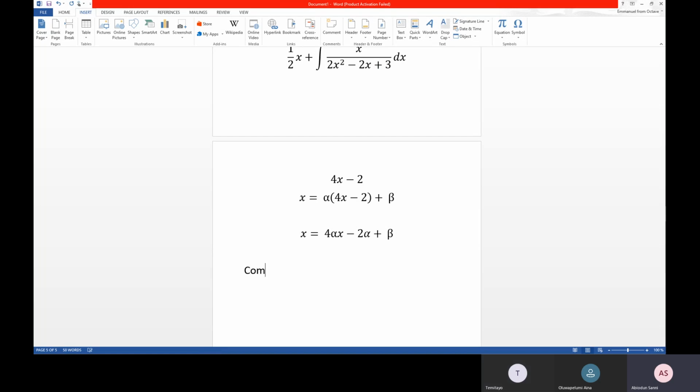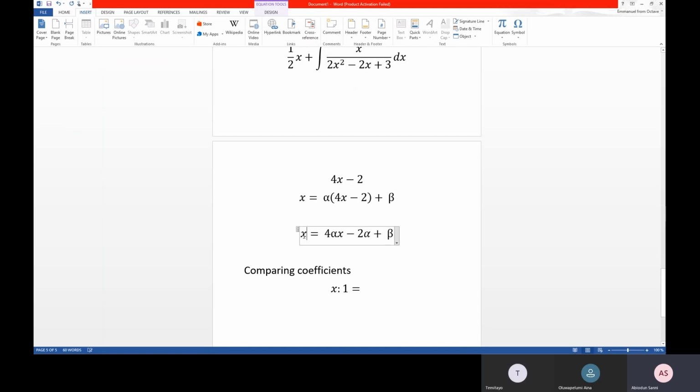So you are going to compare coefficients, starting with the coefficient of x. The coefficient of x at the left hand side is 1.